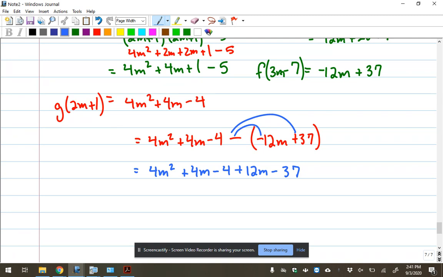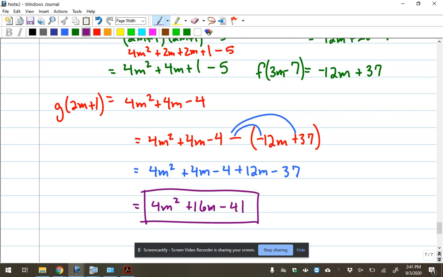Then simplify it, put like terms together from there. 4m squared plus 16m minus 41. And there's our final answer for that one. A lot of work for 20, but still, it's doable. It's not anything incredibly great. Okay.